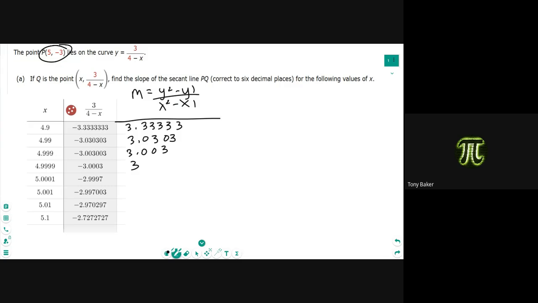And that comes out to be 3. 3.003, 3.0303, and 3.